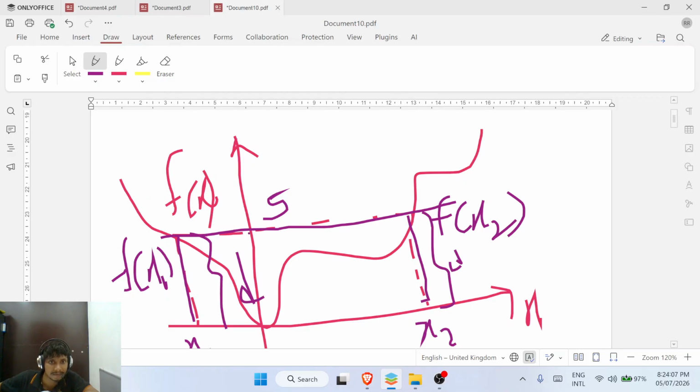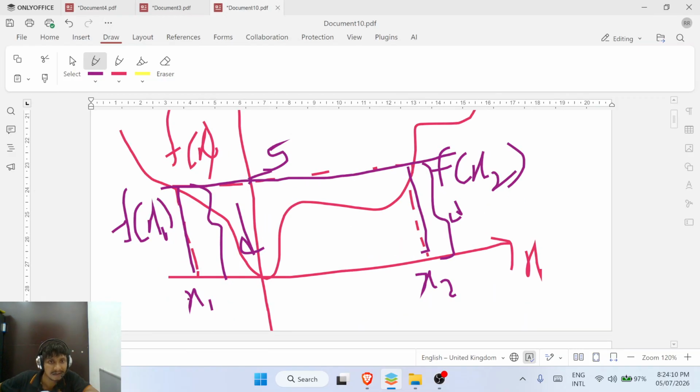So there are two values, x1 and x2, that have the same number in the range part.